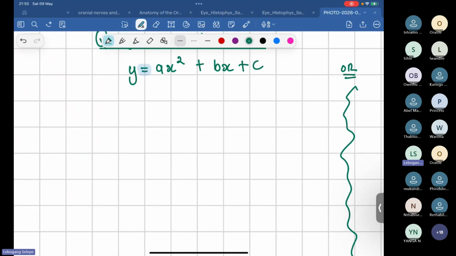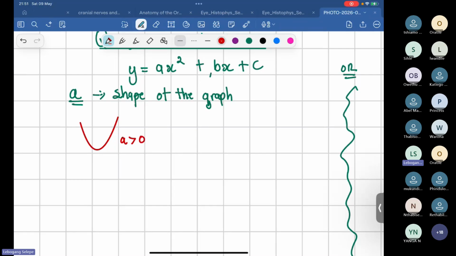So we say one. Let's discuss the parameters. We're going to start with a. What does a tell us? a tells us the shape of the graph. We use a to determine the shape of the graph, how the graph looks. So for example, if I have a smiling graph like this, we know that a must be greater than 0.